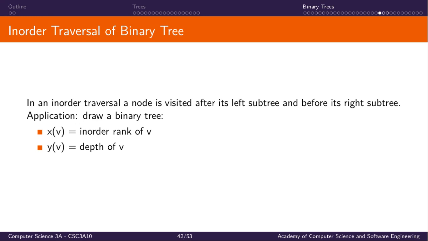Then for any other node, its depth is 1 plus its parent's depth. So looking at the y-axis, the root would be at the very top, depending on how we envisage it, though we would certainly want it to go top down. But anyway, the root would have a depth of 0. Then the children of the root would have a depth of 1, grandchildren a depth of 2.